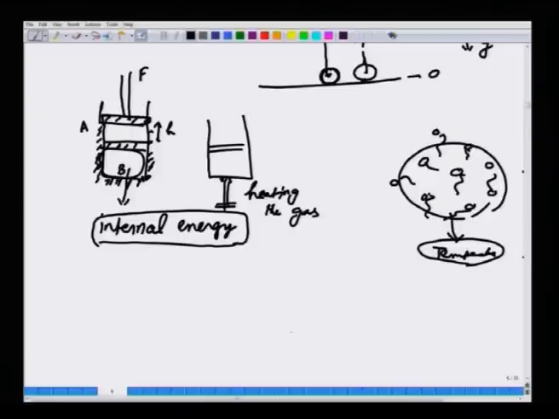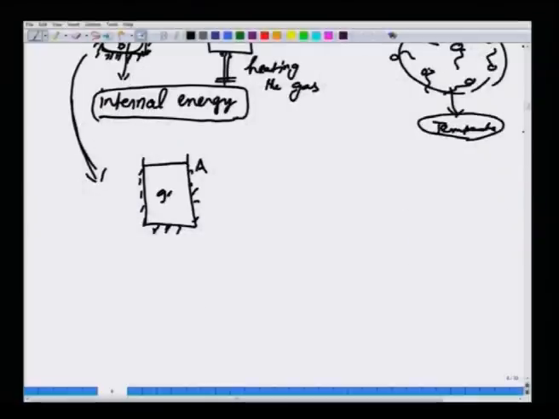And by heating the gas, so let us do the following experiment. Initially you had state A, okay, and you have an insulated container, state A, gas. Now you compress the gas to state B. I argued that the work done in the compression has gone on to increase the internal energy of the gas and therefore its temperature.